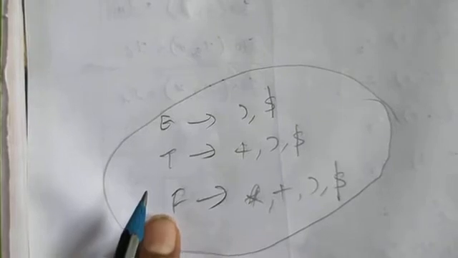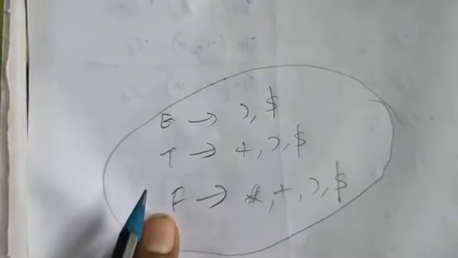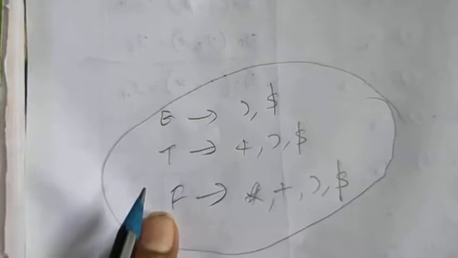I already constructed this in the second unit, first part, but there we were eliminating the left recursion problem. Here in this grammar, left recursion is not eliminated; we are using all the productions directly.